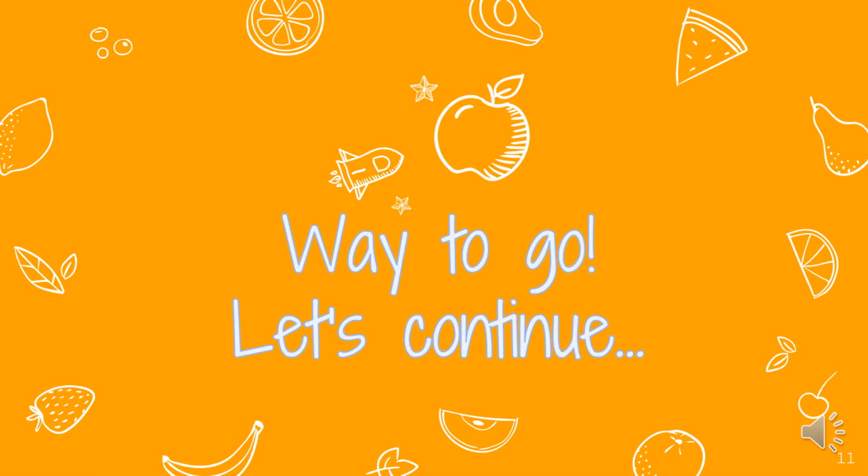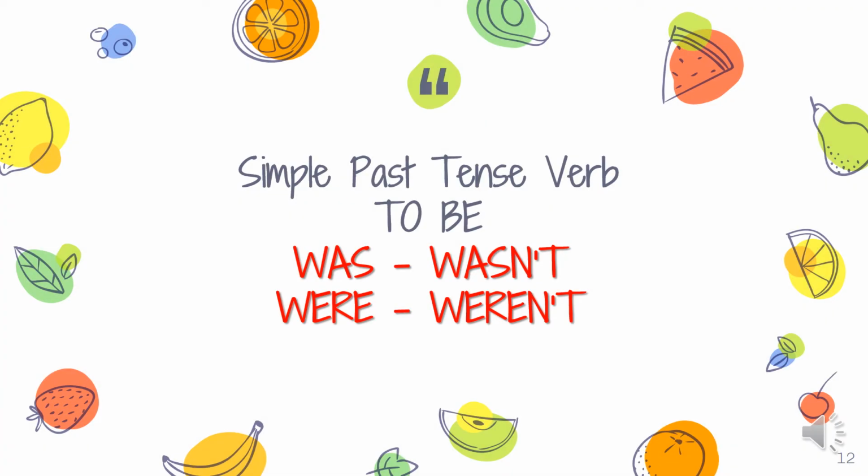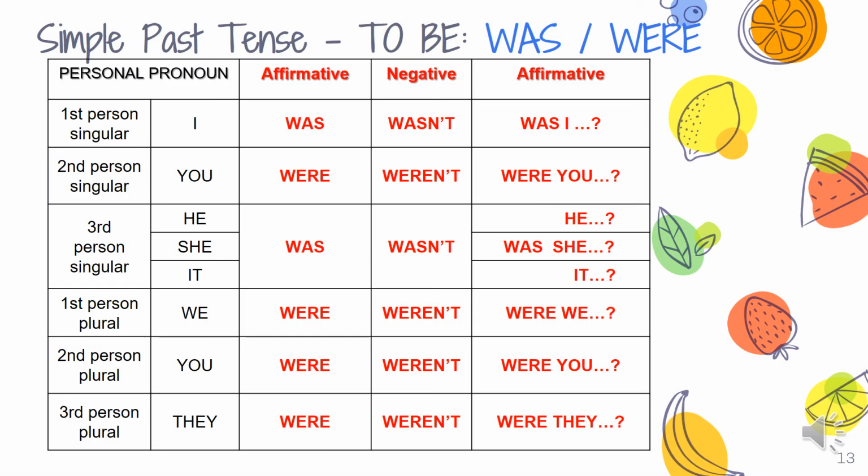Let's continue with the second part. Simple past tense, verb to be: was, wasn't, were, weren't. In this chart, you can see all the personal pronouns with the right form of the past tense of be, was and were.